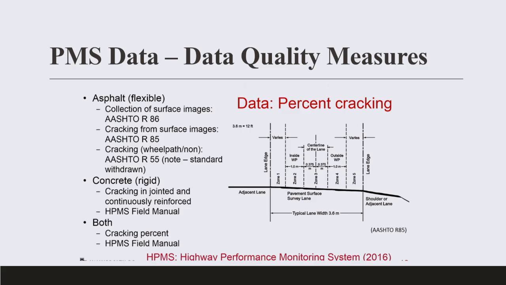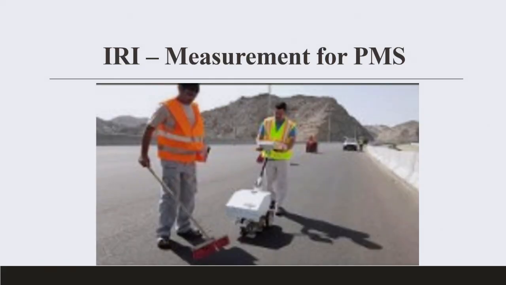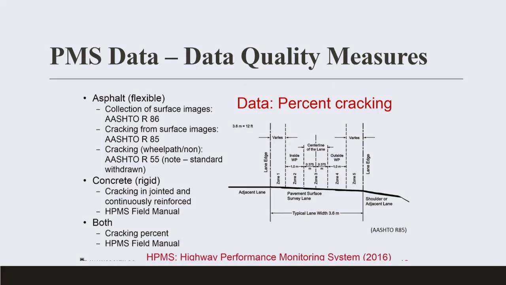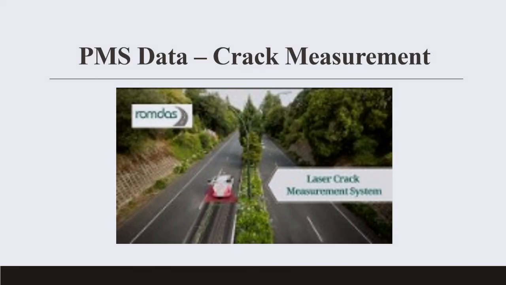In cracks, you have to know the level of the cracking: how long, how wide, how deep. Then crack measurement, this is another way. There is a laser system, the LCMS.